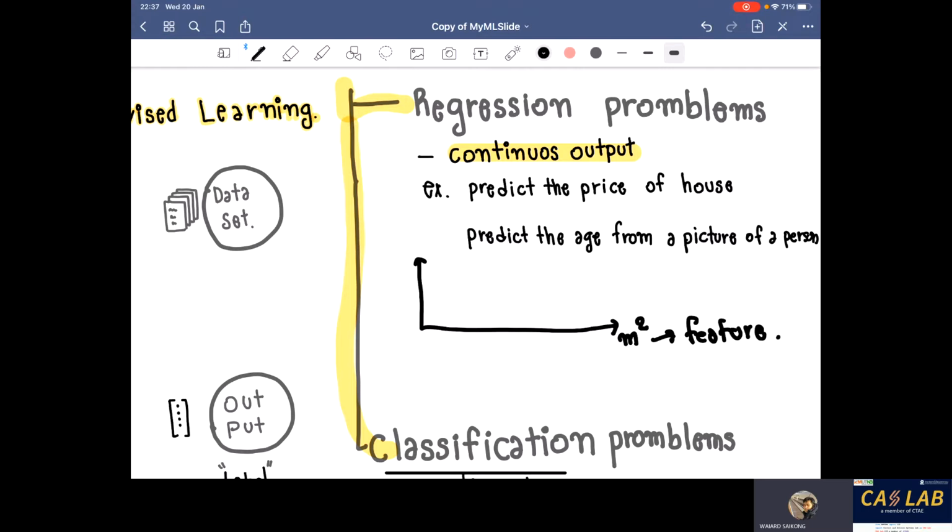Feature is the type of parameter, and this is the price, the output. We are given data, and we fit it with a linear function like this.